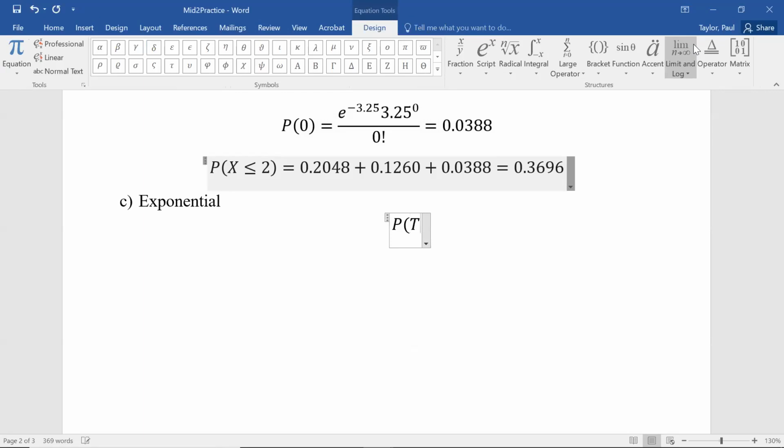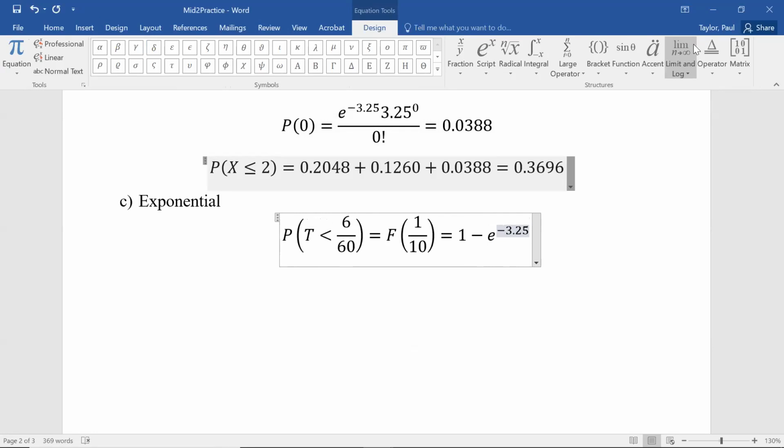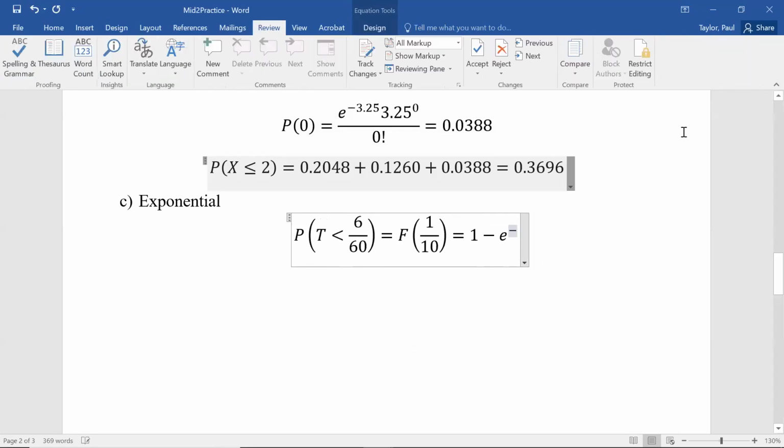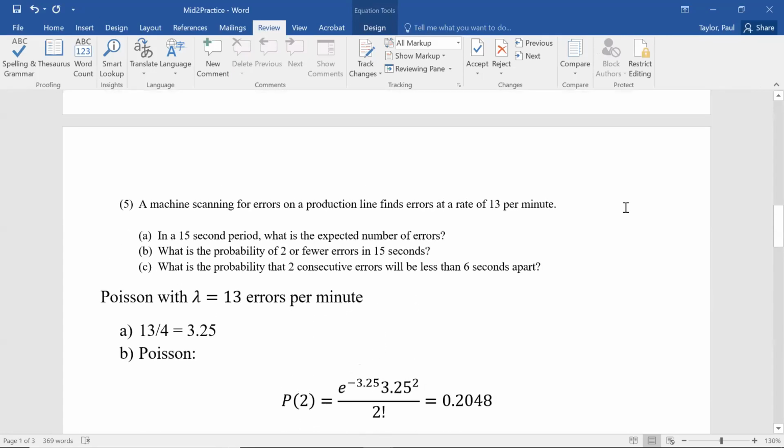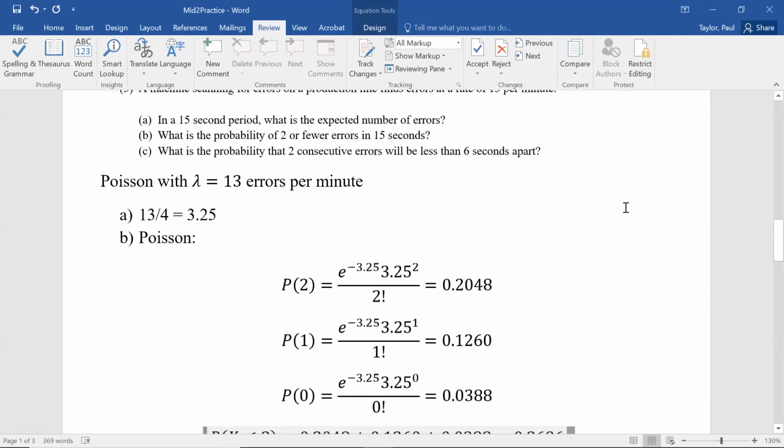The probability that the time between them is less than 6 seconds. Well, really 6 over 60, because we have to convert it to minutes. So that's the cumulative distribution function, the capital F for 1/10. This is 1 minus e to the power of negative lambda times 1/10. What's my lambda? My lambda is 13.